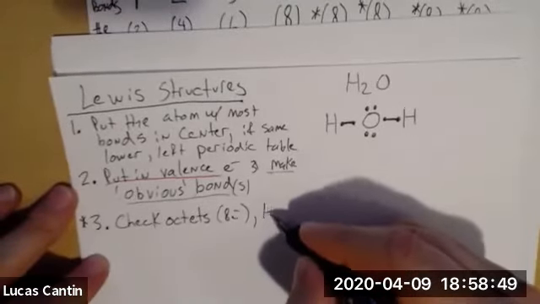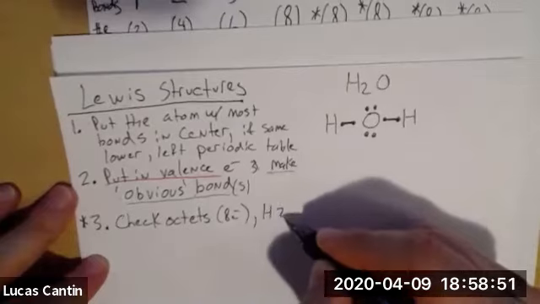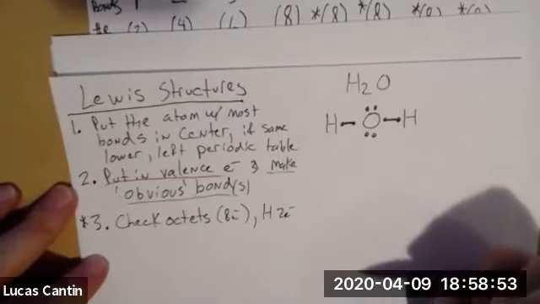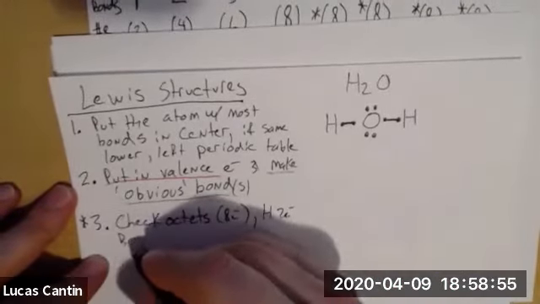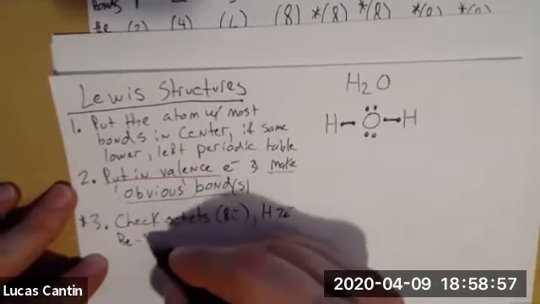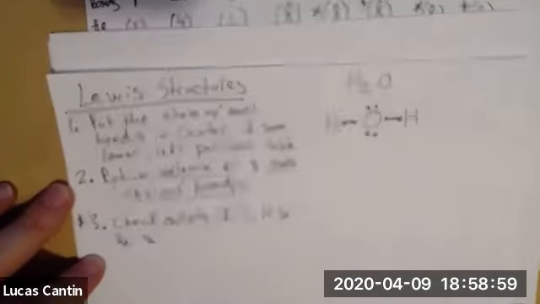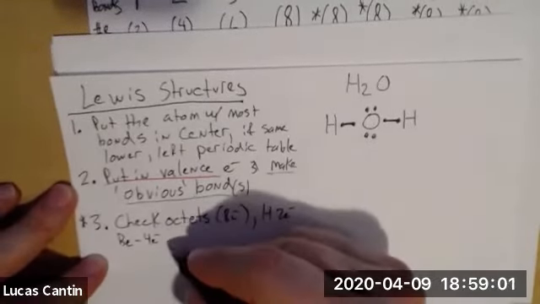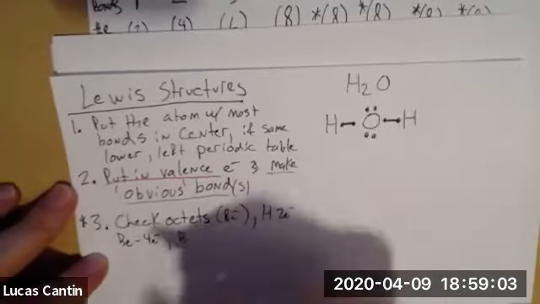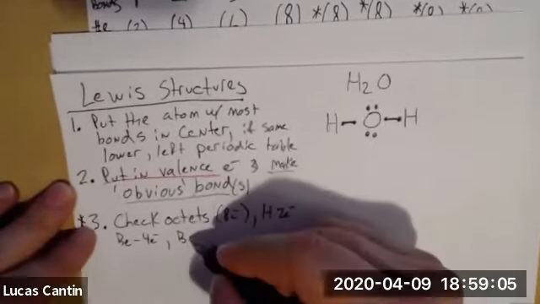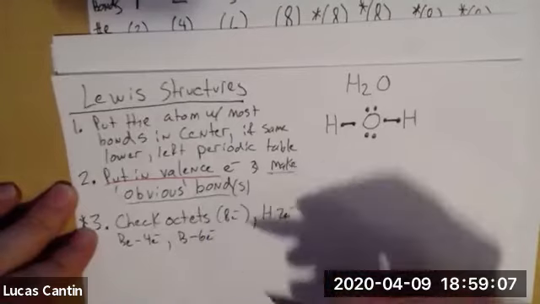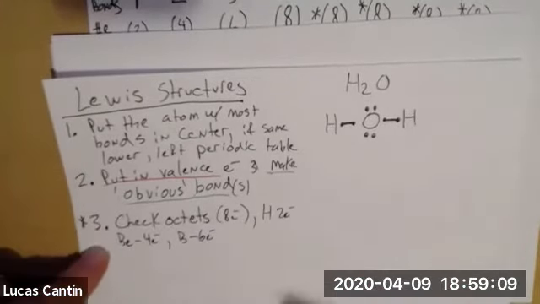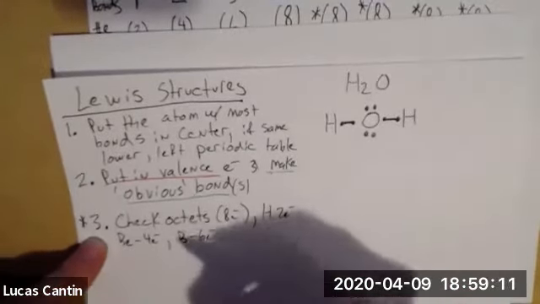So hydrogen only needs 2 electrons. And beryllium, like we pointed out, can only get to 4 electrons unless someone magically gives him electrons or whatever. And I'm sorry, beryllium 4 and boron 6 electrons. So there's some caveats. These are what I call electron deficient.